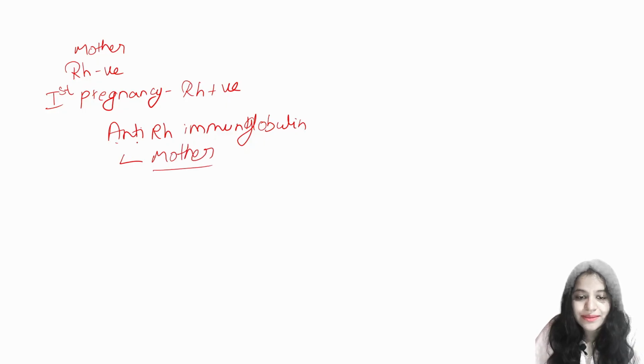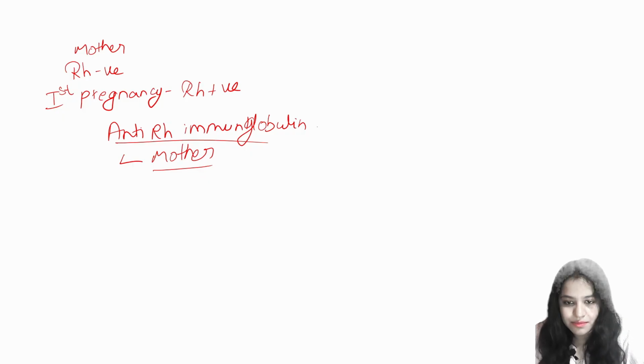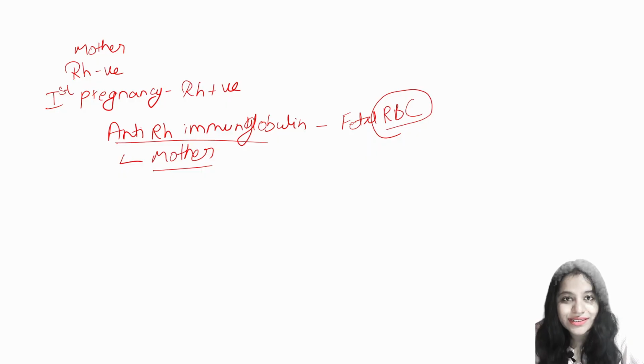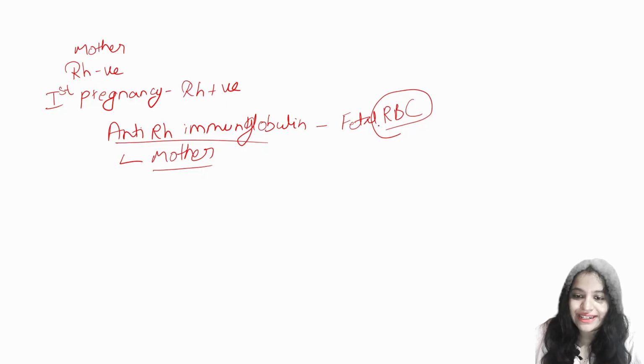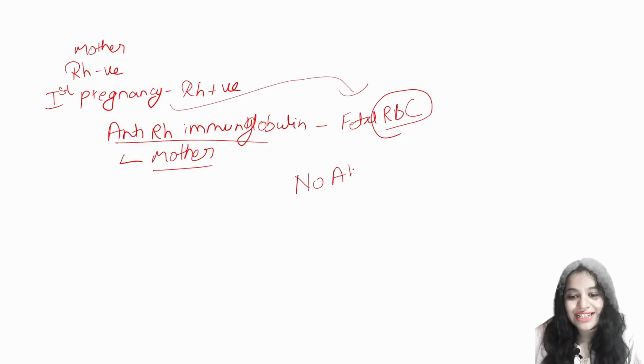Why is this given? So that this anti-RH immunoglobulin clears up the fetal RBC with its RH factor before the mother's immune system notices and produces antibody. Understood? It rapidly clears the fetal RBC which she received from the first pregnancy. So no antibodies are formed, and the second pregnancy, if the fetus is RH positive, is fine.